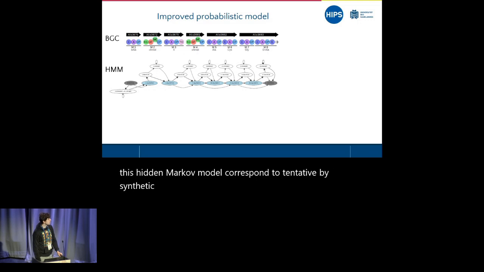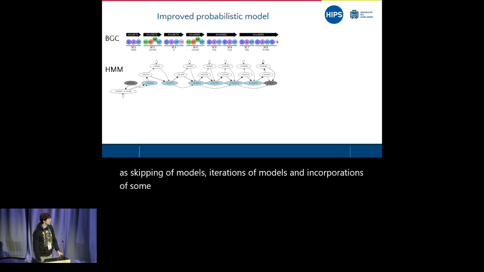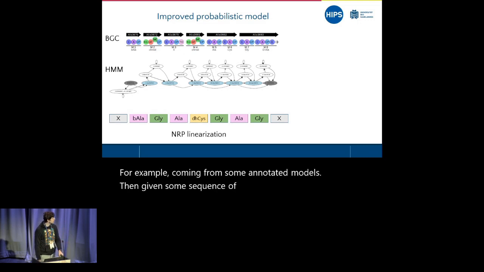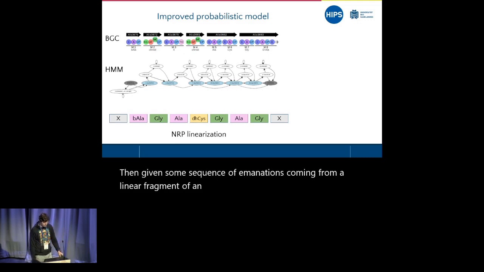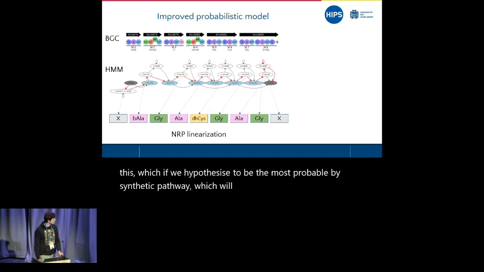And these pathways may allow such events as skipping of modules, iterations of modules, and incorporation of some extra amino acids, for example, coming from some unannotated modules. Then, given some sequence of amino acids coming from a linear fragment of an NRP, we find the most probable path in this HMM, which we hypothesize to be the most probable biosynthetic pathway which yielded this particular sequence of monomers.